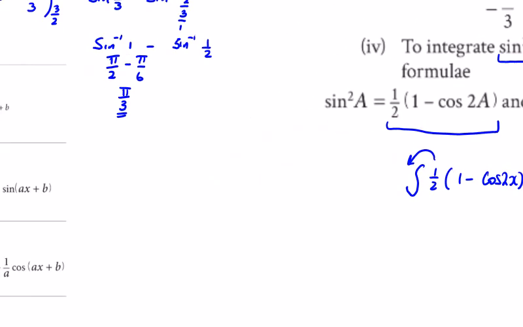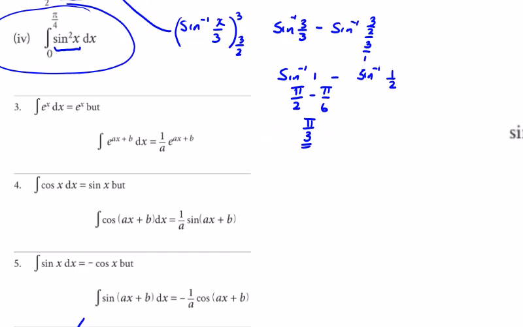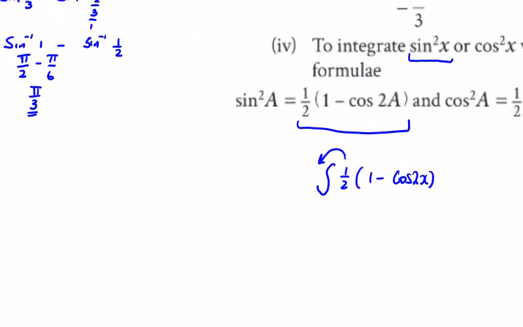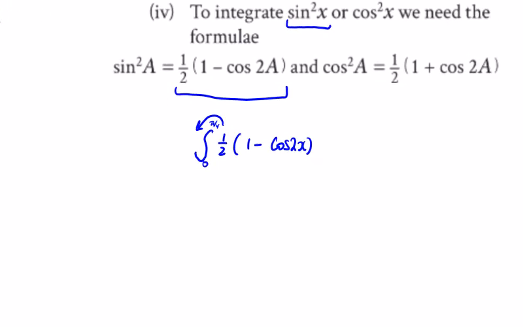What were the bounds here? Pi over 4 to 0. Pi over 4, which is 45, to 0. So we have a half times the integral between pi over 4 and 0 of 1 minus cos 2x dx.